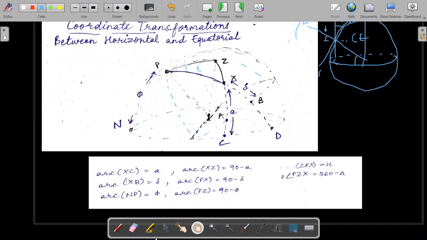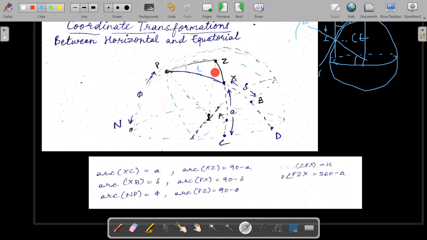As you can see, the arc XC represents the angle A, the altitude, and the arc XP is the angle of declination. NP is just latitude, and XC is 90, so these are complementary angles. XC is 90 minus A, XP is 90 minus delta, and PZ is 90 minus phi.